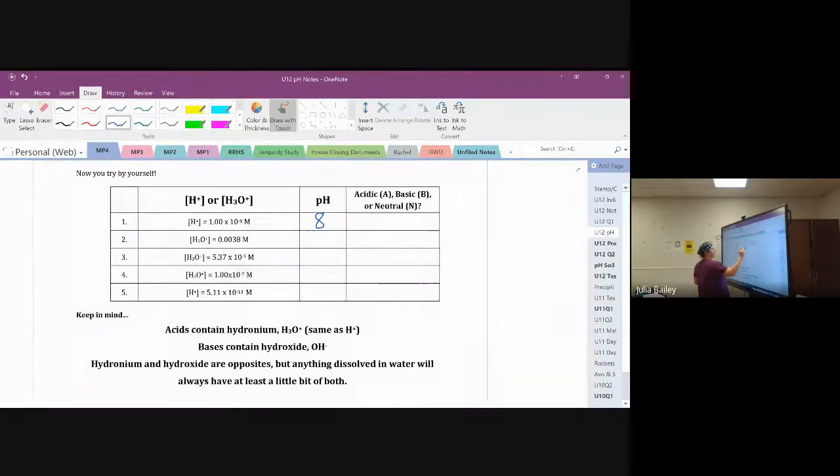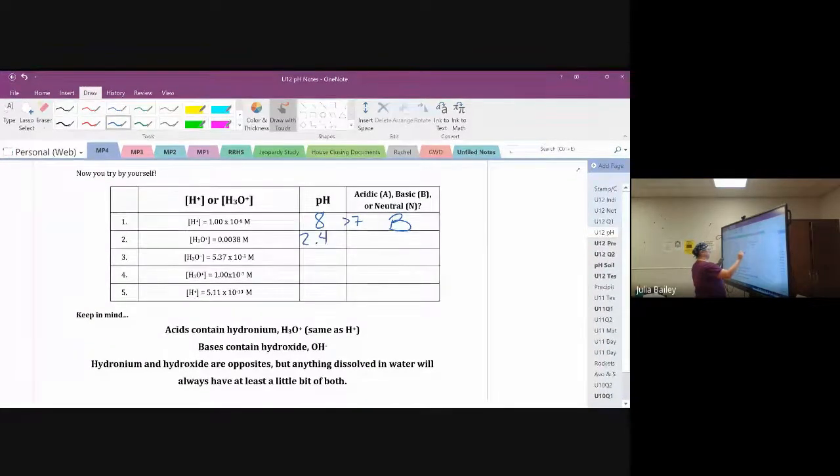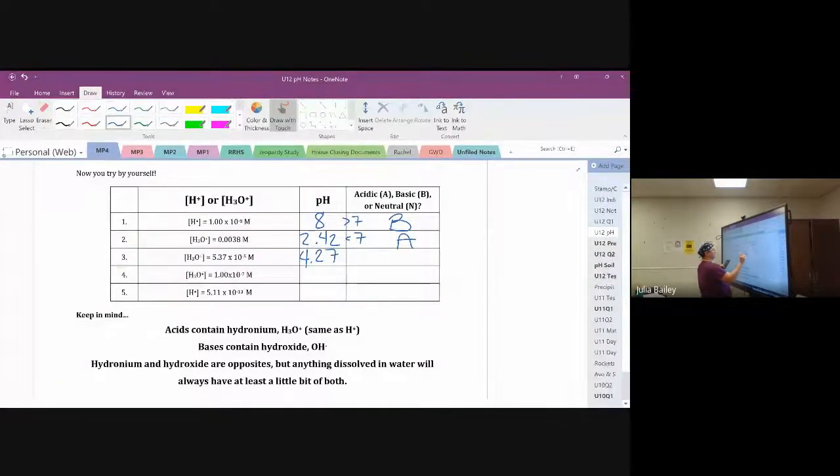This pH is 8. That's greater than 7, so this is basic. I'm just going to start breathing. Negative log 0.0038. This is 2.42. That is less than 7, so this one's acidic. Negative log 5.37 E negative 5, 4.27, that's less than 7.